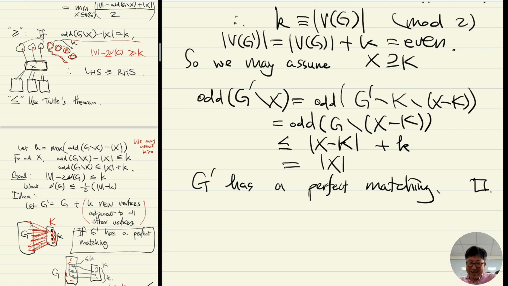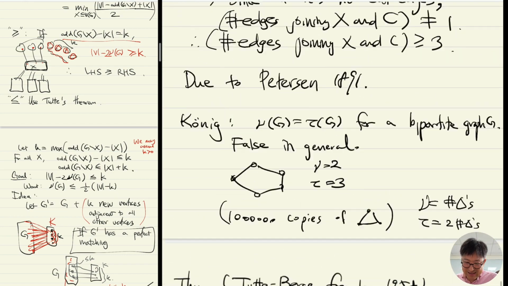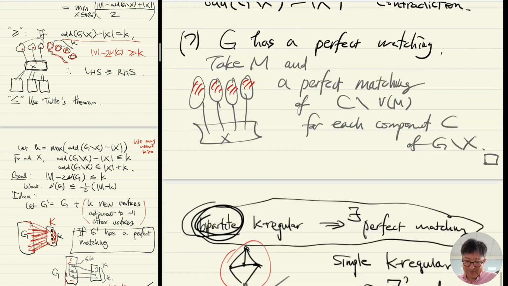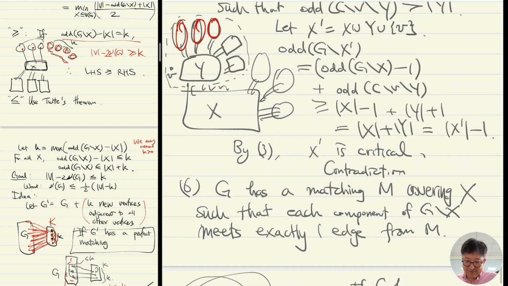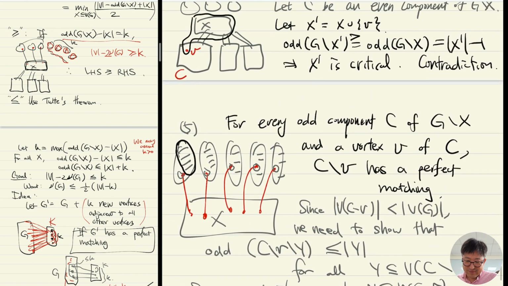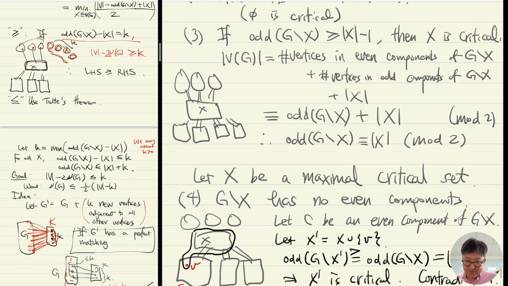Maybe it may give an efficient algorithm, because we take a maximal critical set, so whenever we have a critical set, we can grow it. If you follow the proof, you can find the critical set containing it by induction, and then that may help.